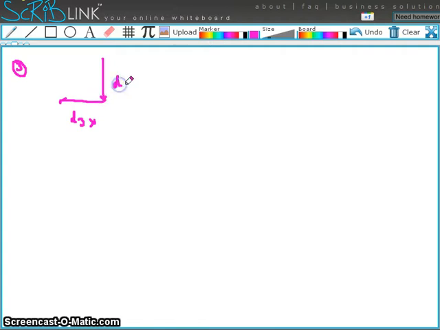So this is d3y, and this is your 26 kilometers right here. This is your 90-degree angle. Now it says 12 degrees, but obviously it's not 12 here. Your 12 is from the actual axes you're making here. So this is 12.